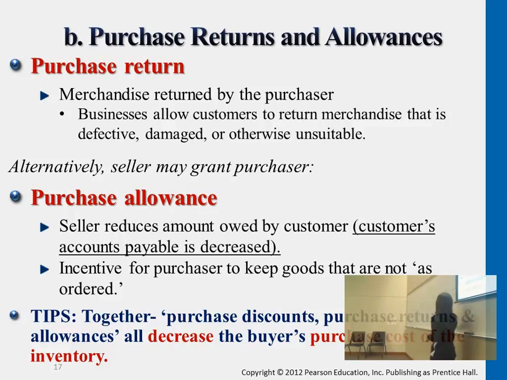The $100 here is either damaged or just wrong goods, not the one that you ordered. This part here will be reduced and your accounts payable will also be reduced. So this is what the allowance means. You will no longer be paying back the seller $700 in full because a part of the goods either is damaged or is not what you ordered.